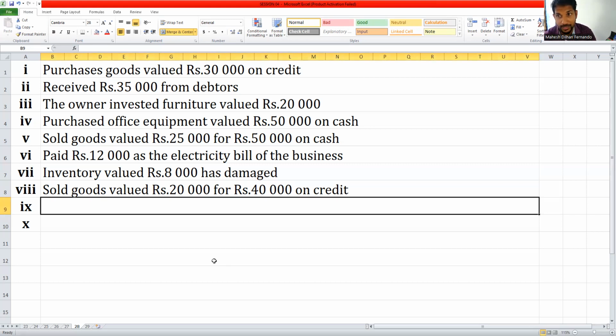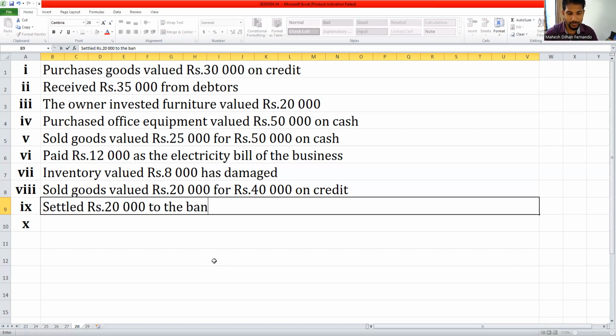Tax is not an expense in sole proprietorships. Don't ever use that word. Number 9 is paid or settled rupees 20,000 to the bank loan.